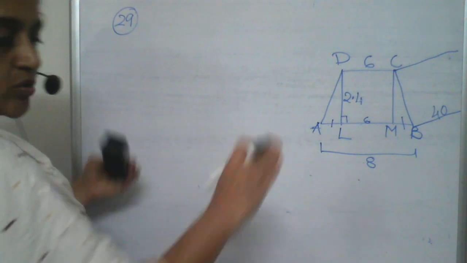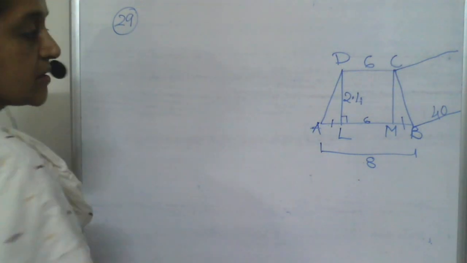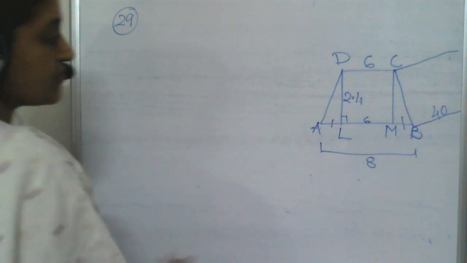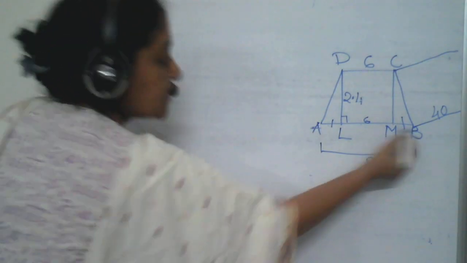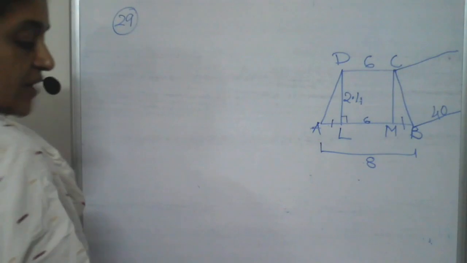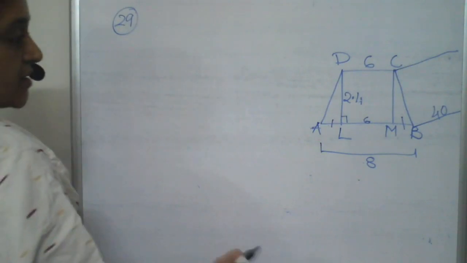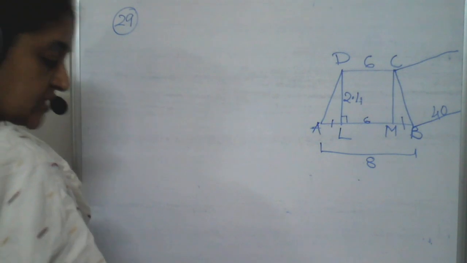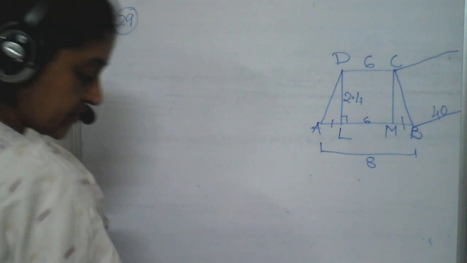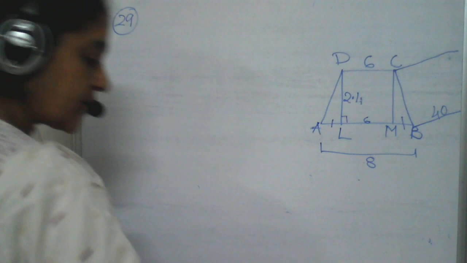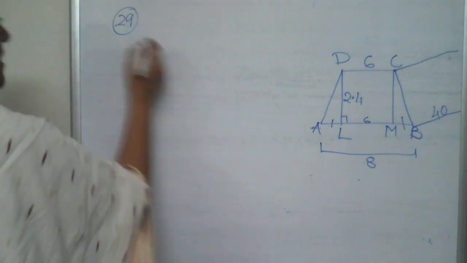It is a two-dimensional figure that you have to imagine. A to B, whatever is there, that is breadth, and 40 is going to be the length, to find the area to be paved.